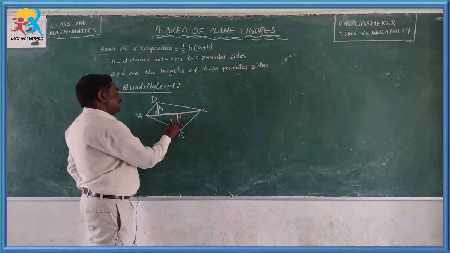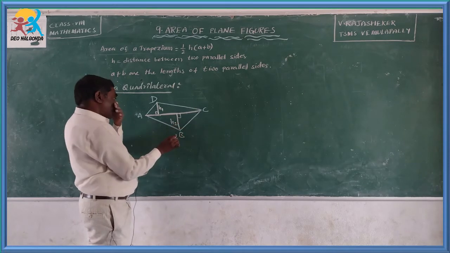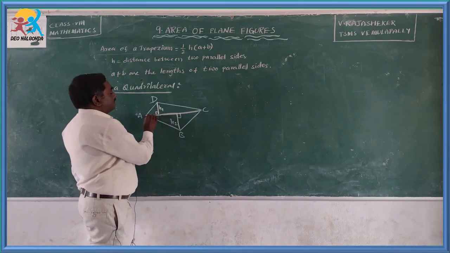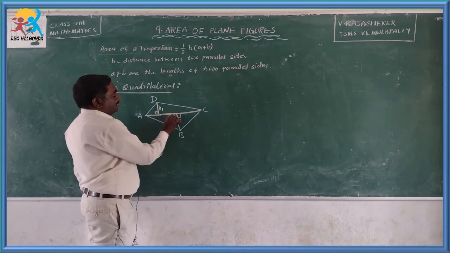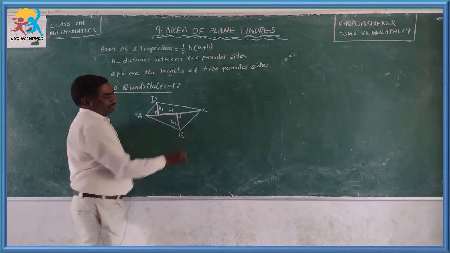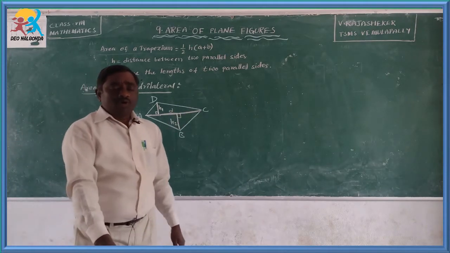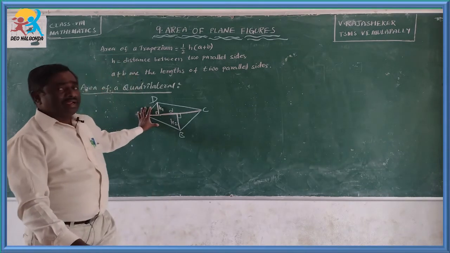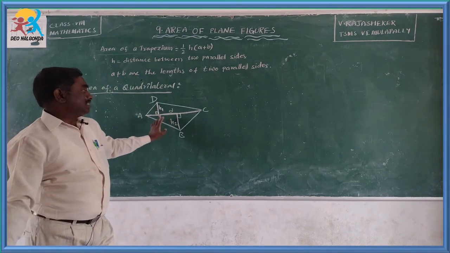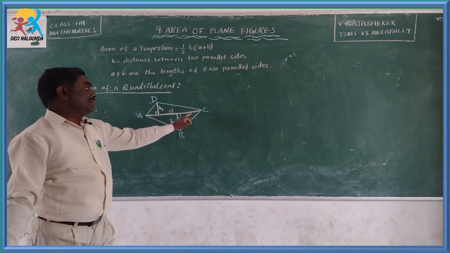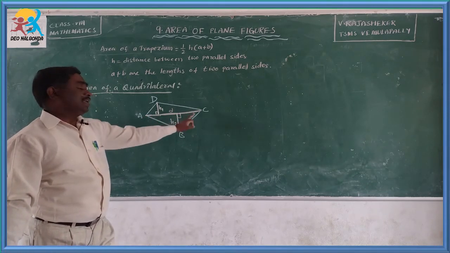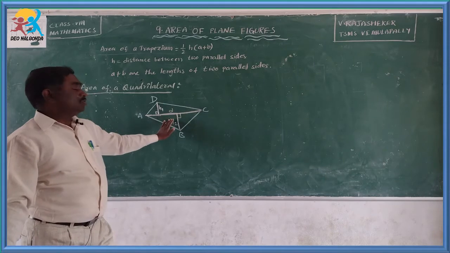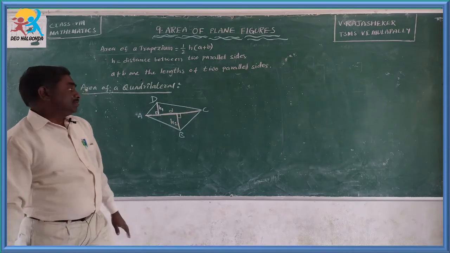Let us say H2. Now, let us consider AC as d. Now, we have divided the quadrilateral into two triangles by drawing a diagonal.